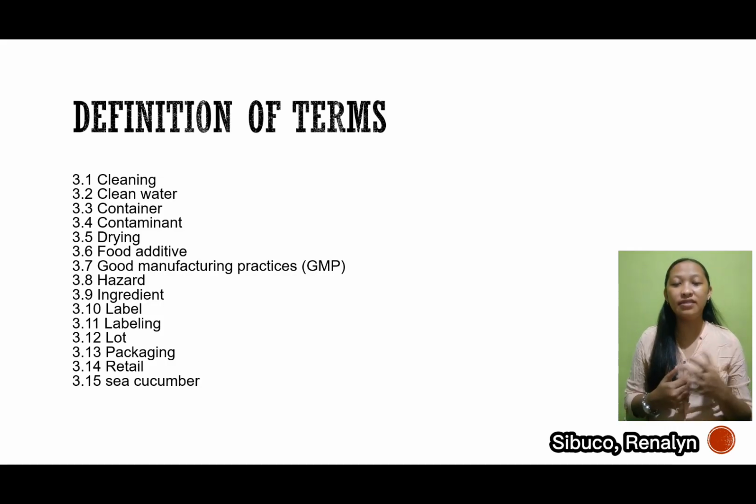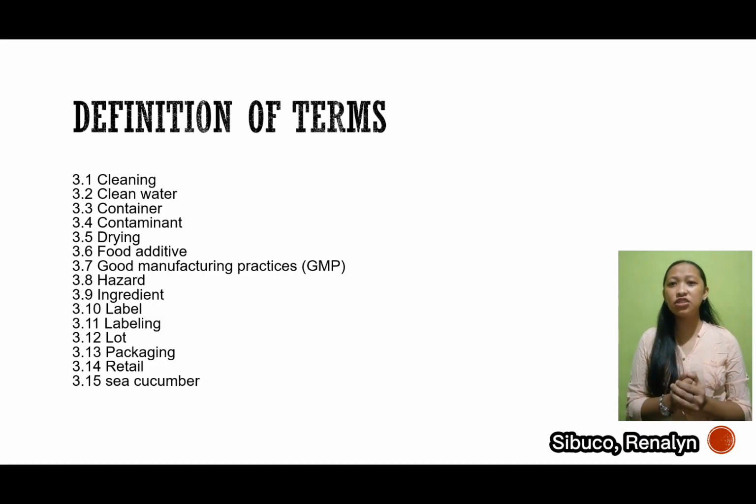in Table 1. And for food additive, any substances not normally consumed as a food by itself and not normally used as a typical ingredient of the food, whether or not it has nutritive value.